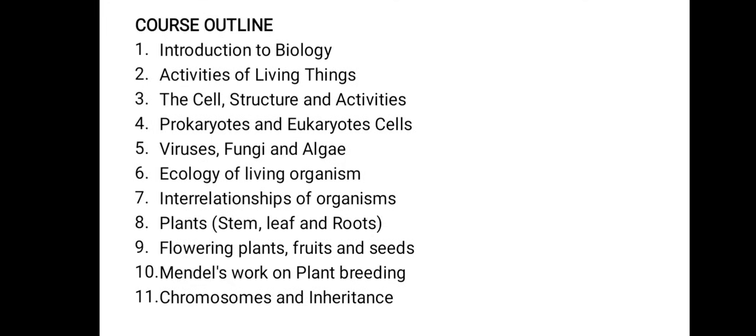Then unit 2 is Activities of Living Things. Here we'll talk about the activities of living things such as plants and animals, and then some other microorganisms. Then in unit 3, you'll be taught about the cell and the cell structure and its activities.